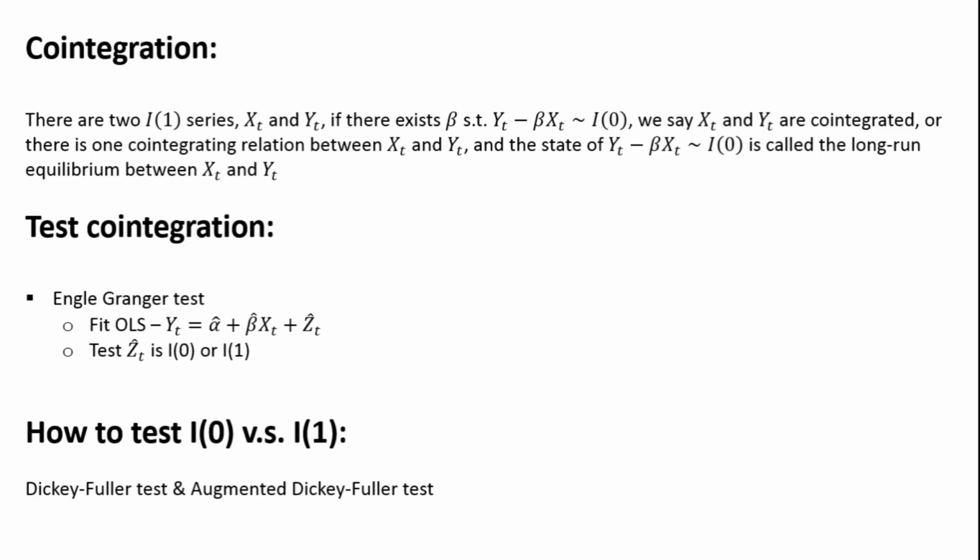How to test stationarity of the error term versus integration of order 1?